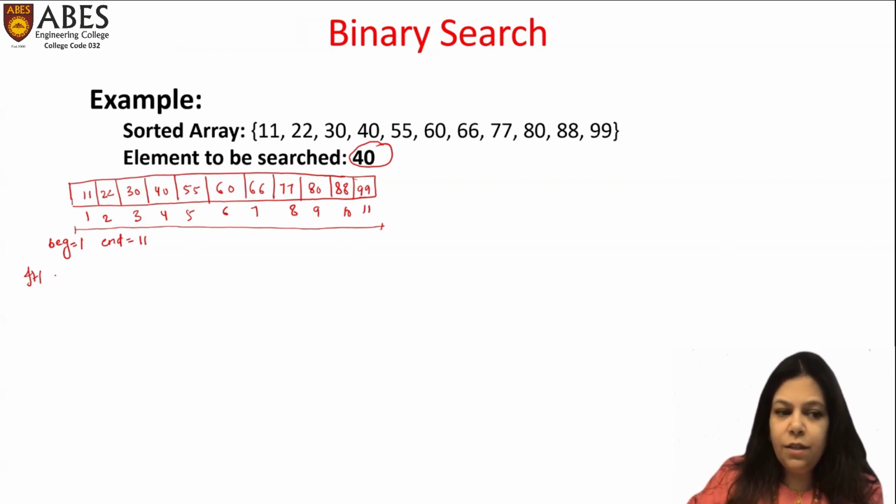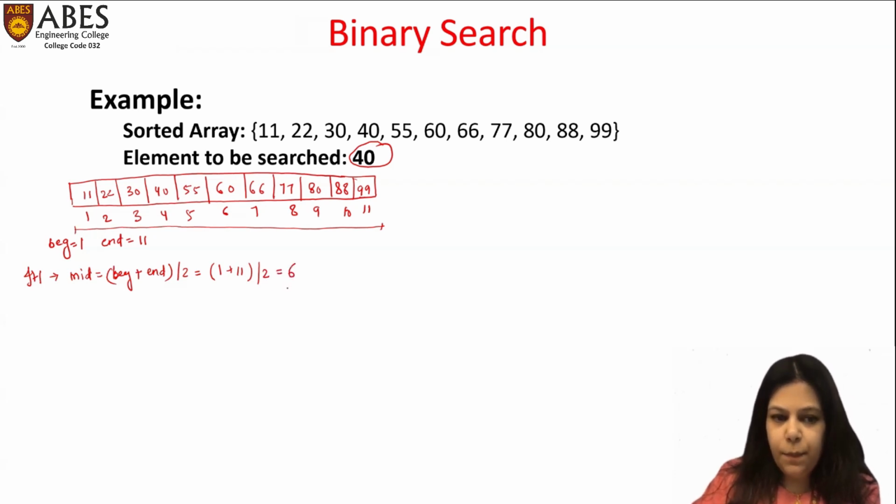Now in every iteration, suppose if we are talking about the first iteration, we have to calculate the middle index of this effective array. And the middle index will be given by beginning plus end by 2. So here in the first iteration, the middle will be calculated as 1 plus 11 by 2. That will come out to be 6.